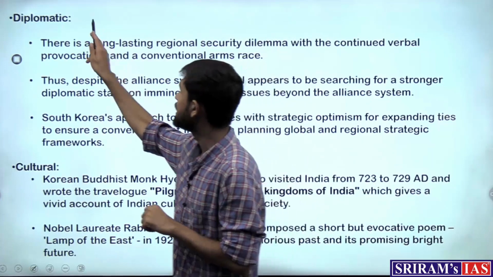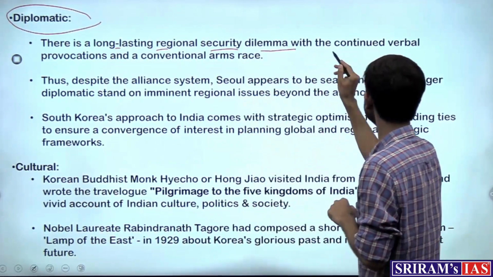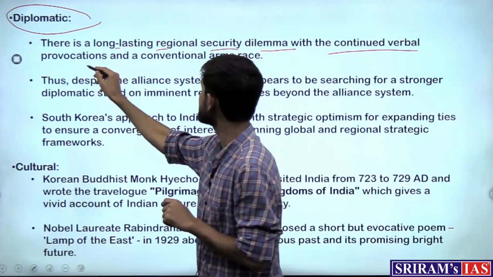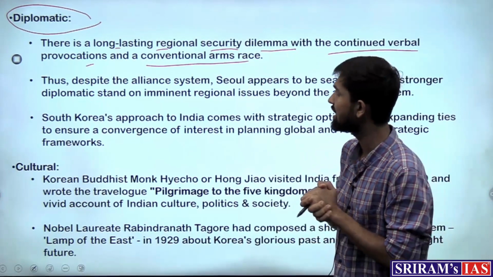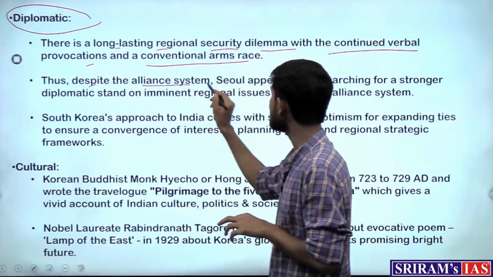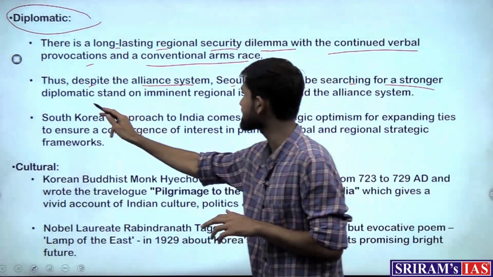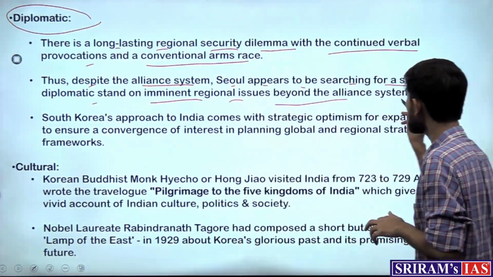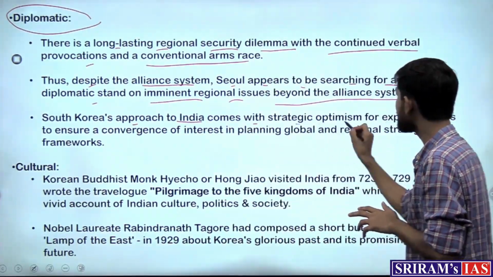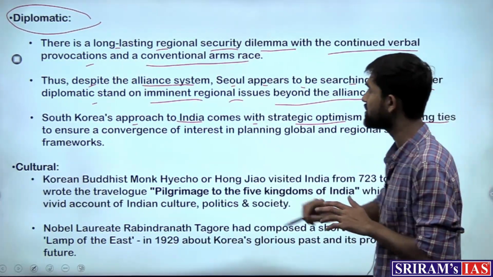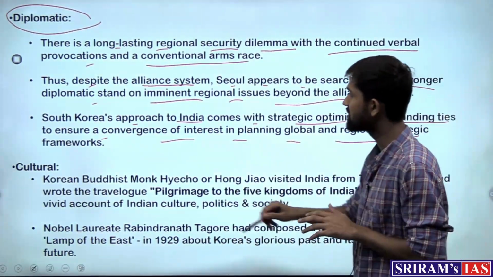Now coming to the diplomatic front. There is a long lasting regional security dilemma with continued verbal provocations and a conventional arms race, because both these countries face hostile neighbors. Thus, despite the alliance system, Seoul appears to be searching for a stronger diplomatic stand on imminent regional issues beyond the alliance system, and therefore its approach to India comes with strategic optimism for expanding ties to ensure a convergence of interest in planning global and regional strategic frameworks.